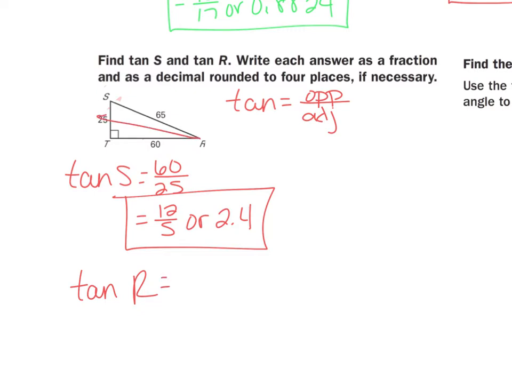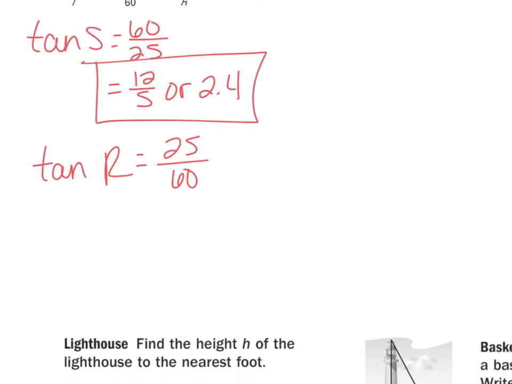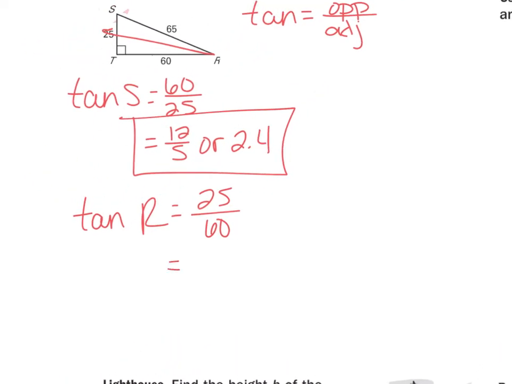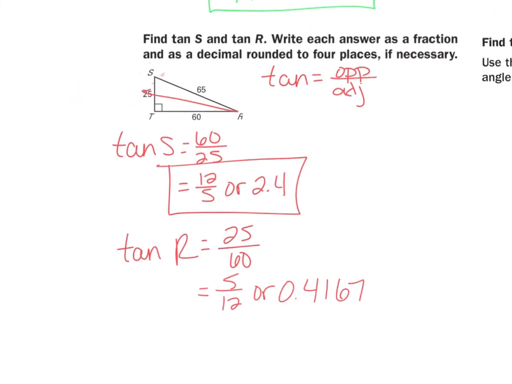That one goes on top for tangent, so it would be 25, over my adjacent side, which would be 60. All right, and that reduced down is 5 over 12, or just simply 5 divided by 12 is 0.4167.